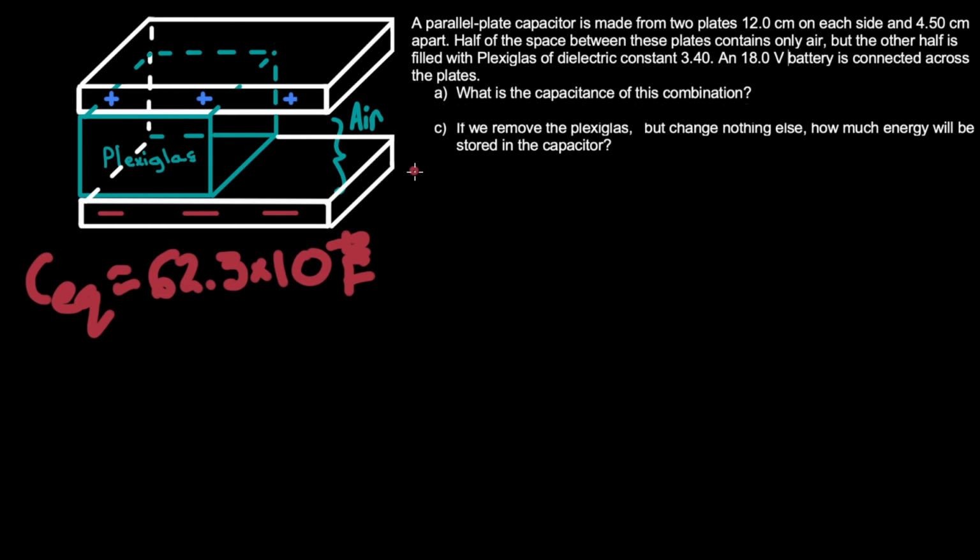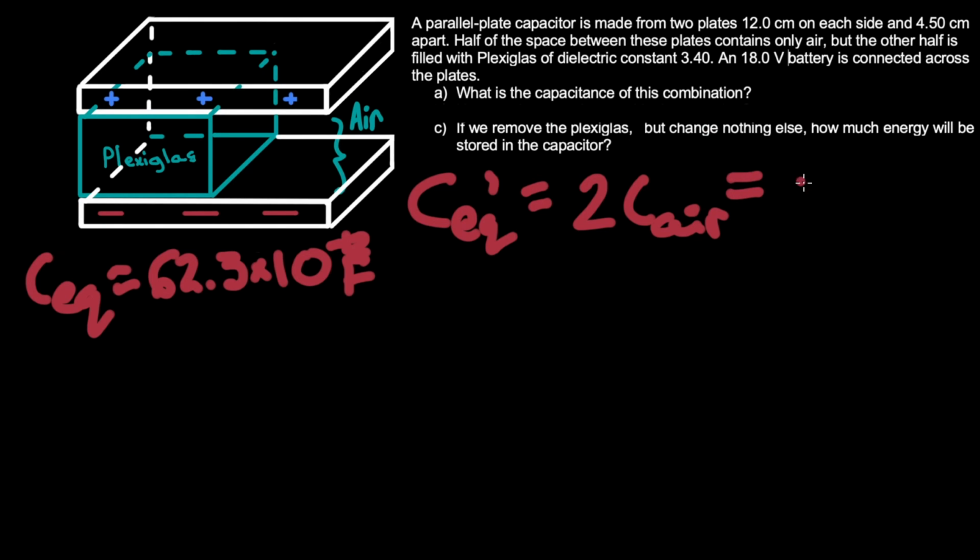And so if the plexiglass is removed, what we're actually going to have is just two air capacitances in between the parallel plates. And so we can still say then that our CEQ, I'll write it as prime for our new CEQ, is equal to 2 times C of our air, because we essentially just have two air capacitances that are affecting our overall capacitance here.